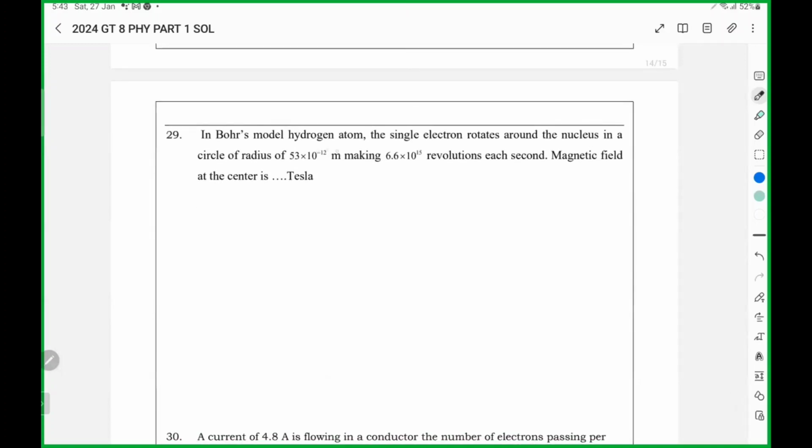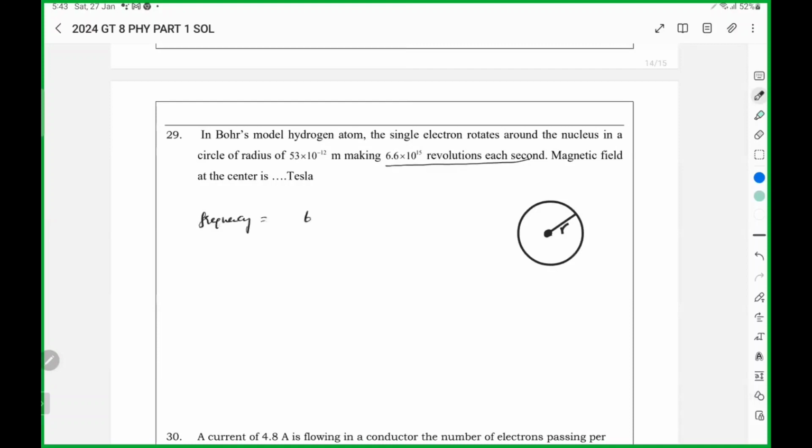In Bohr model hydrogen atom, single electron rotates around the nucleus in a circle of radius, makes this many revolutions each second.